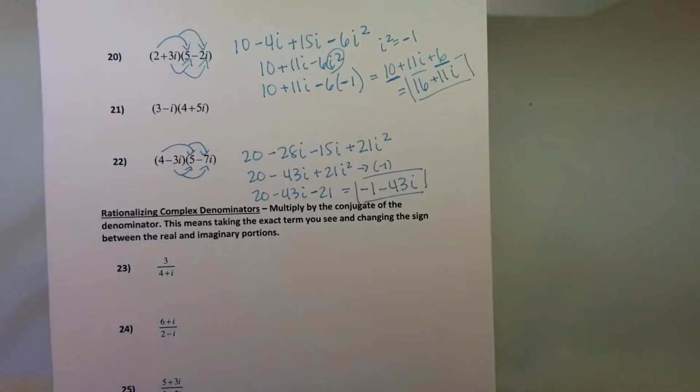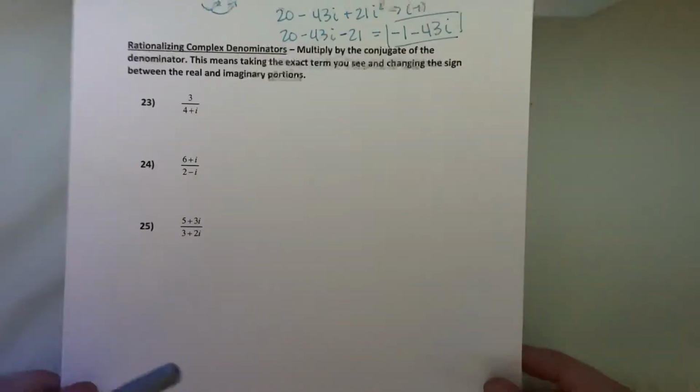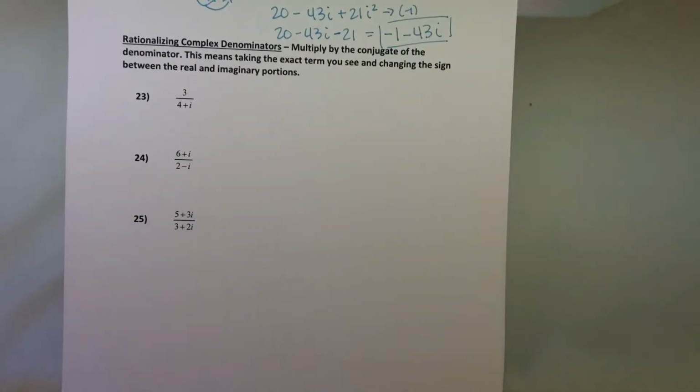Now, rationalizing complex denominators. This is something that I've actually removed from the homework and I will not test over, but I still think it's good to put in this video, so we'll do one of them. The idea here is in the past, when you had square roots in the denominators, they would usually force you to rationalize the denominator to where it's only a whole real number in the denominator.